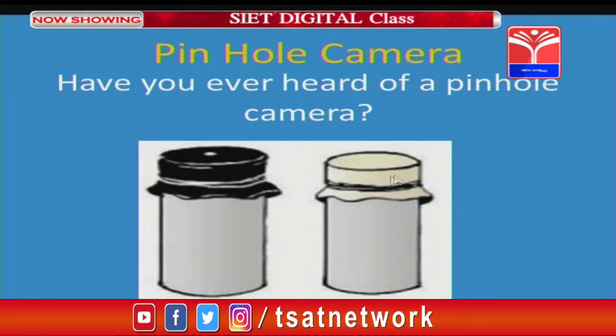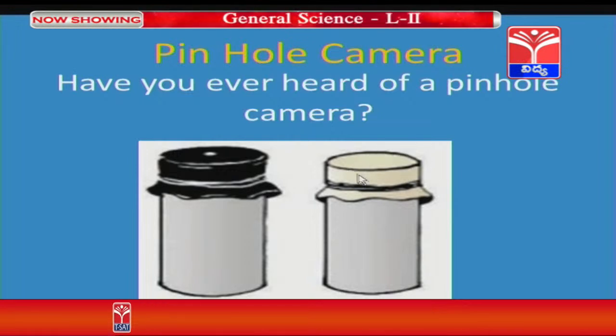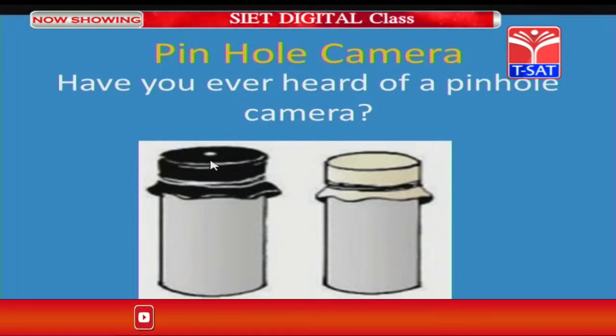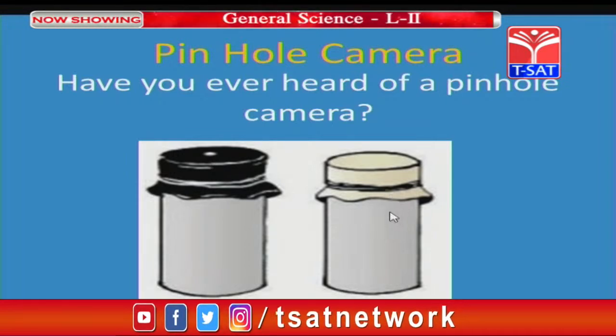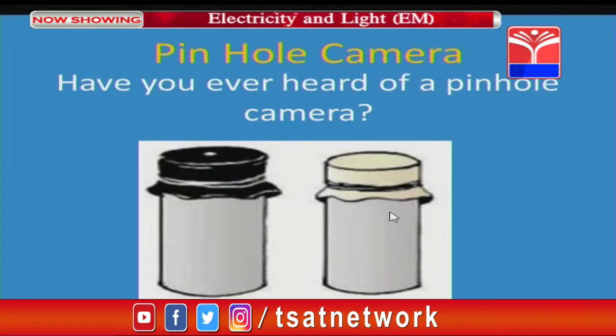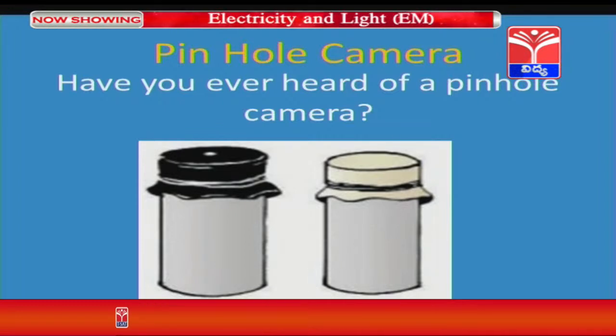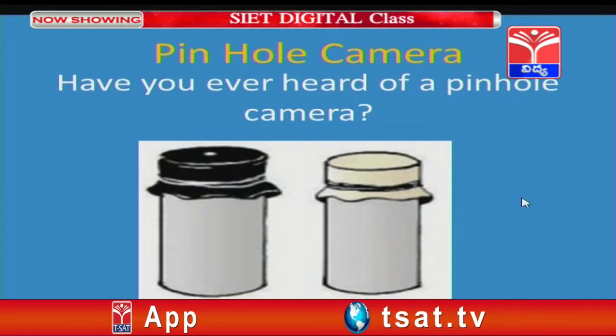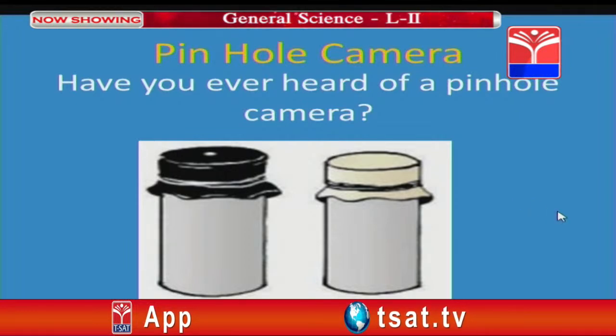On this white paper you make an oil drop, so it becomes translucent. Afterwards you take a small pin and put a hole on the black paper. Now take the pipe covered with white paper and insert it into the other one, and now I am observing a candle through this pinhole camera.